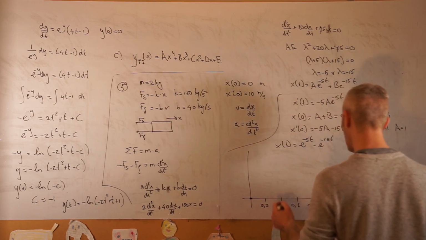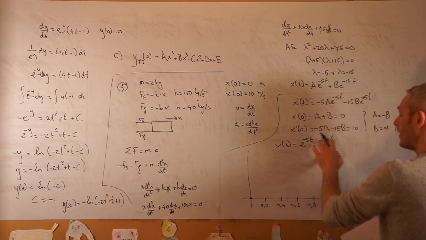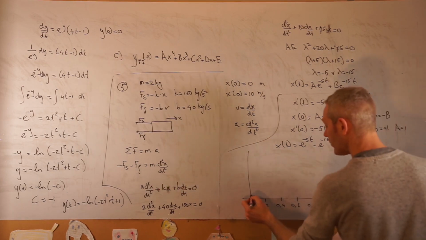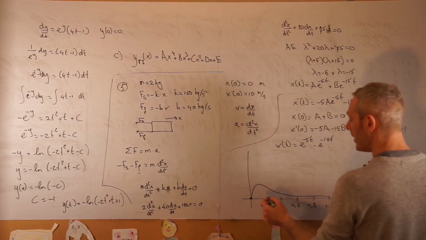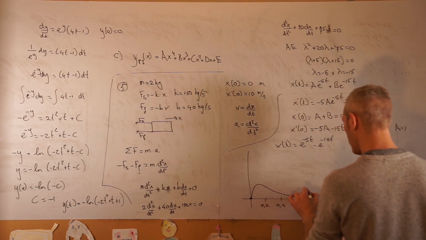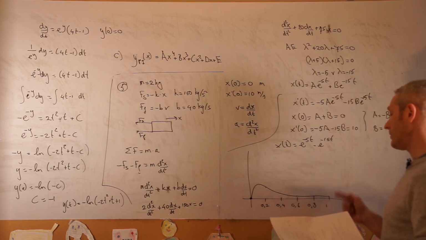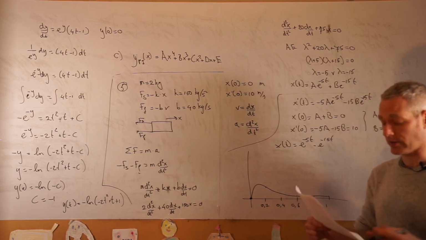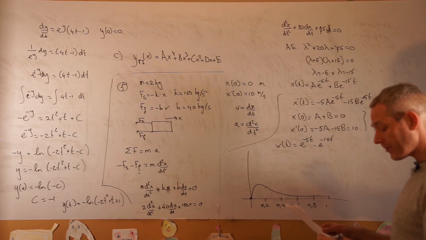It starts at 0, and because these have negative exponentials, it will decay to 0. It turns out there is a bit of a bump here, and it will decay slowly away. My advice would be to get a couple of points using your calculator, and then to draw a line. Should you not find this bump here, then that is fine. Usually we'll use a computer to plot this anyway.